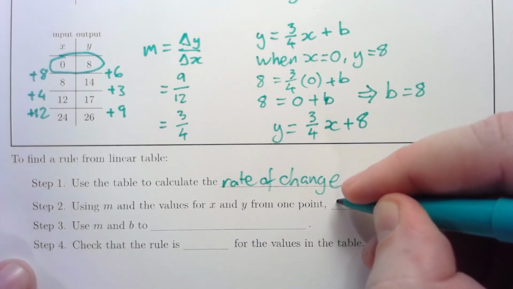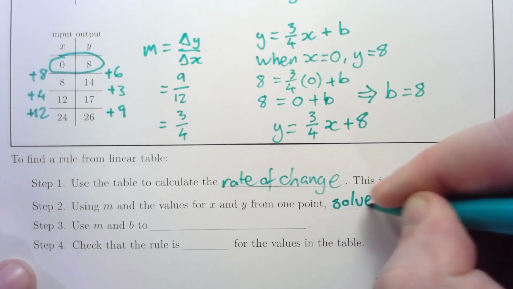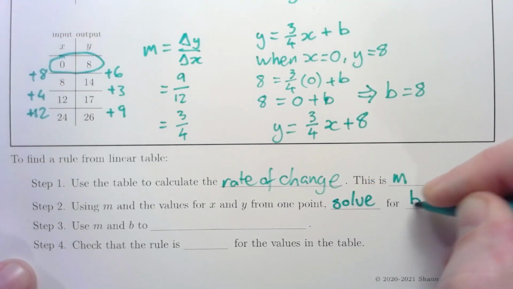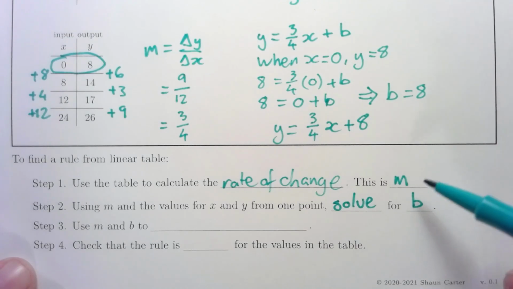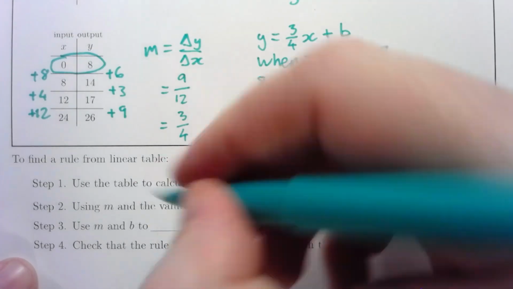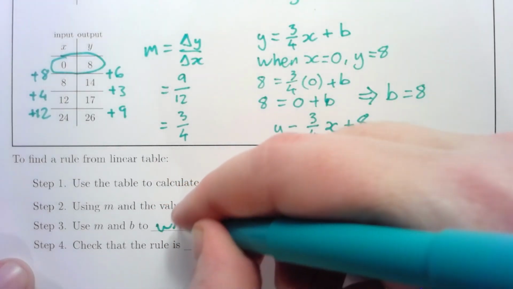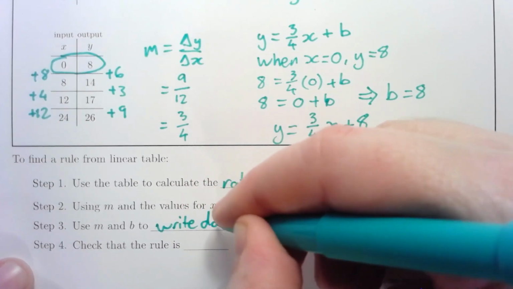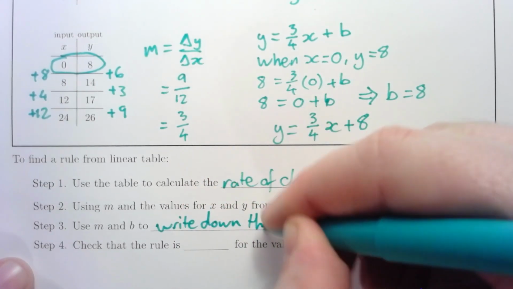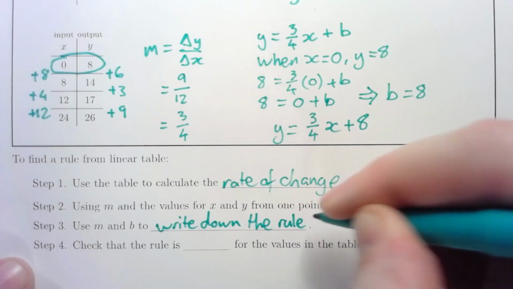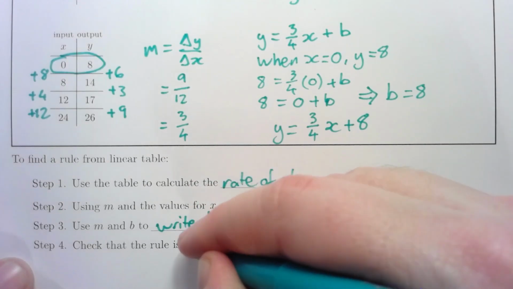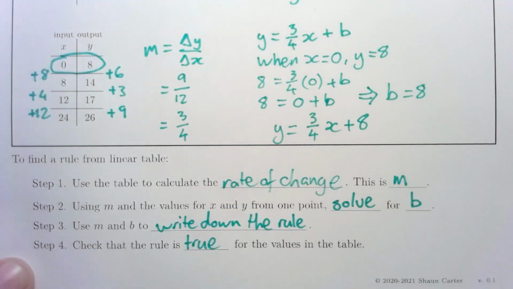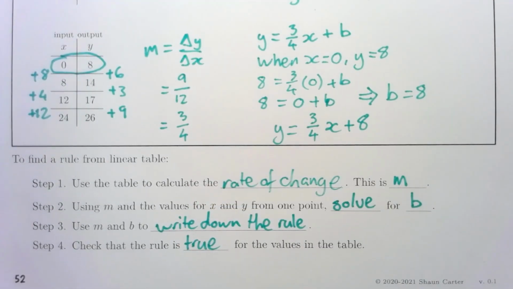Using them, we're going to solve for our missing constant, b. Once we know m and b, that's all we need to write down the rule. And finally, if you have a rule, we should check that the rule actually is true for the values that we have in the table.